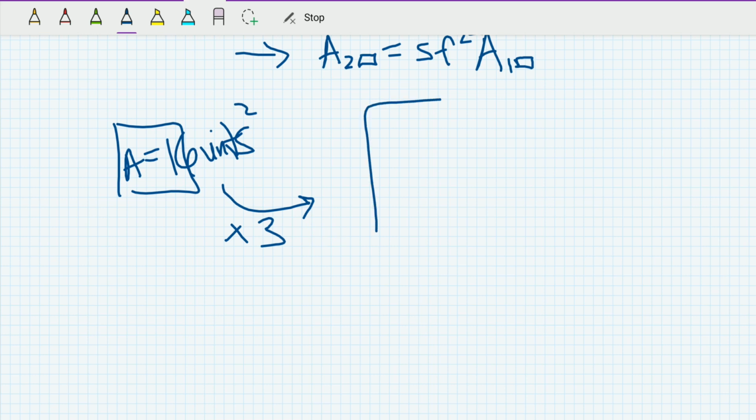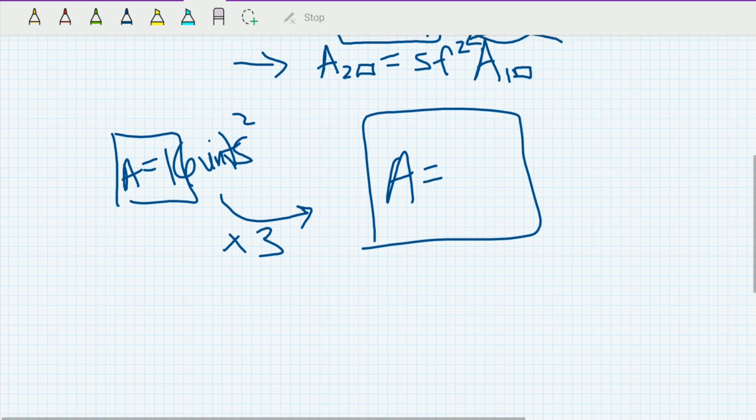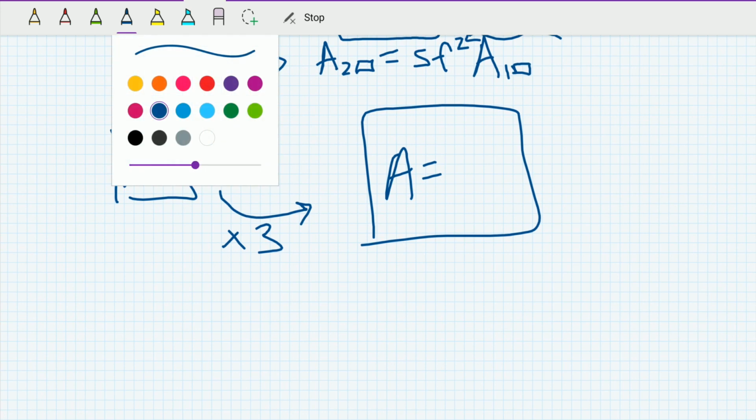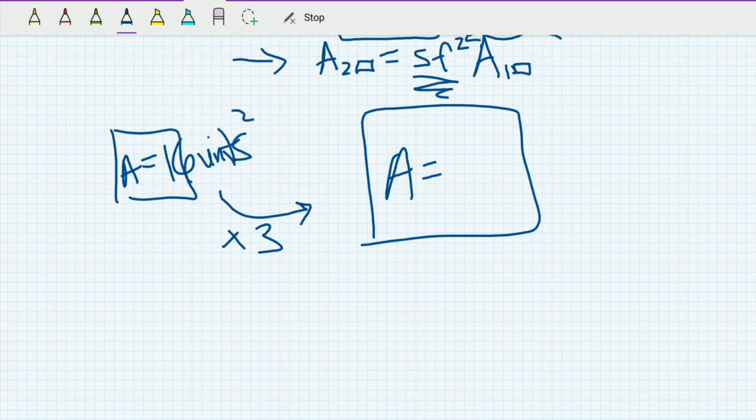So in order for me to get the area of the new square, I am not only going to multiply it by 3, because that's not what the equation is saying. The equation says take the scale factor, square it, and then multiply with the old area, which is 16. So that means it'll be 9 times 16, our new area.